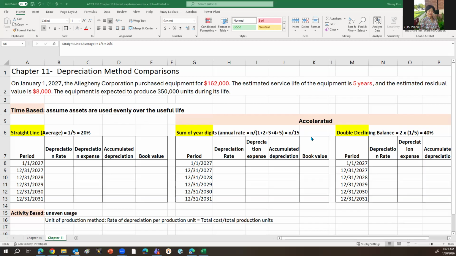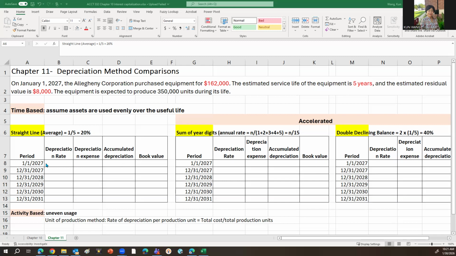So in that case, we consider the early depreciation and use the accelerated depreciation approach. Under the accelerated approach, we have two methods the companies can choose to use, as compared to the straight line. So under time-based, two approaches: straight line or accelerated. And under accelerated, there are two choices for the companies to use.